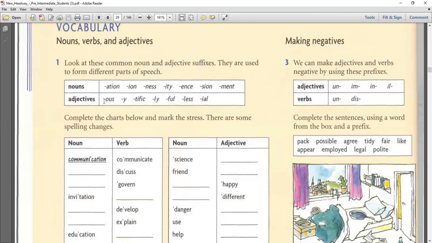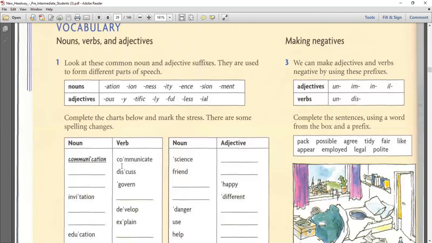But we have the adjective suffixes -ous, -y, -ic, -al, -ly, -ful, -less, -able. هذه هي لواحق تضاف إلى الكلمات حتى تتحول إلى صفات، إلى adjectives. Okay. So we will discuss with you the noun and the verb. كيفية اشتقاق الفعل، كيفية اشتقاق الاسم من الفعل أو الصفة من الاسم.